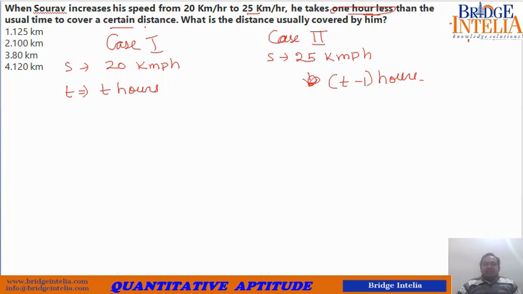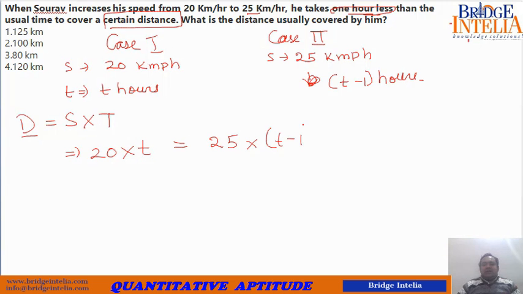But the distance is the same for both these cases. Distance is equal to speed into time. It means 20 into t should be equal to 25 into t minus 1.